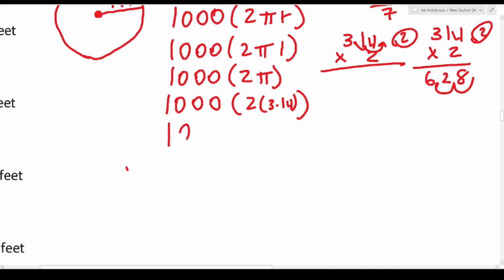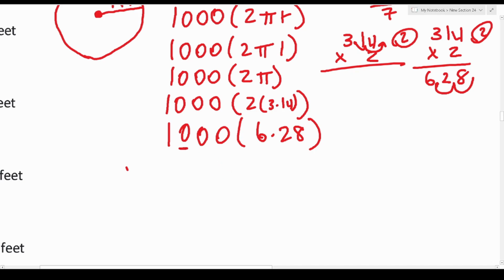So this becomes 1,000 times 6.28. And as we've seen in this practice test already, whenever you multiply a decimal or a whole number by 1,000, the quickest way to do that math is to shift the decimal according to how many zeros there are in the power of 10. And I may not have mentioned this, but powers of 10 are 10, 100, 1,000, 10,000, and so on.